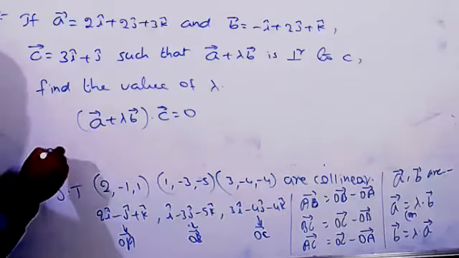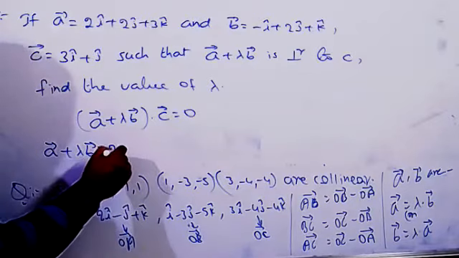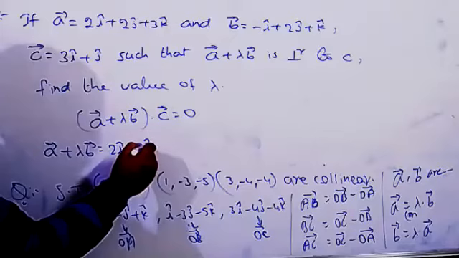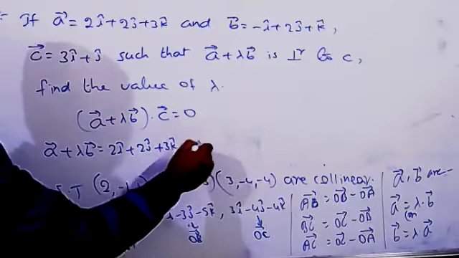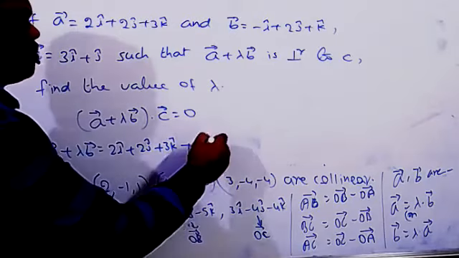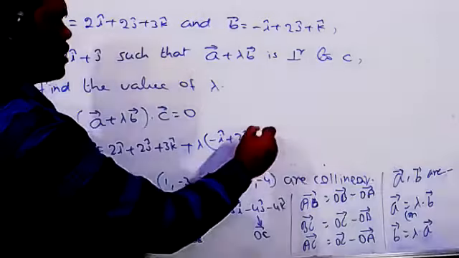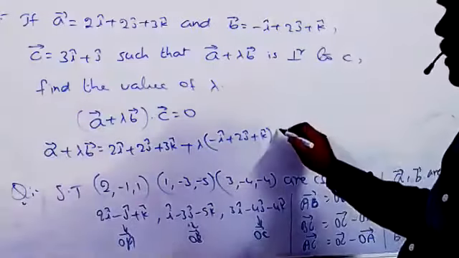So if you take the first condition, a plus lambda into b, a equal to 2i plus 2j plus 3k plus lambda into minus i plus 2j plus k. Now multiply.